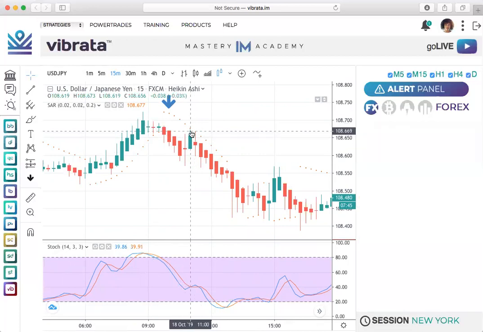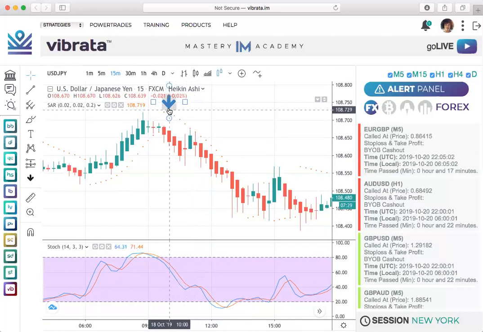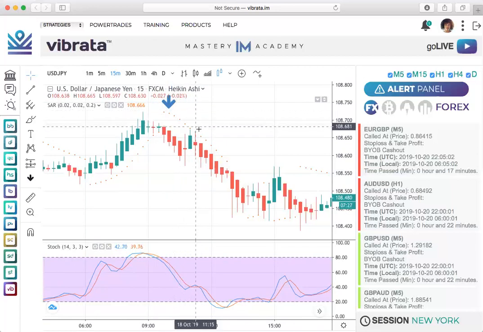You see this one turn green for a correction. It touched the PSAR, but it did not go outside of it. Also, on this second PSAR and this second candle, it did the exact same thing. So you always want to make sure your stop loss is outside of the PSAR. Market execution, set your 10 pips, grab your 10 pips, and cash out.